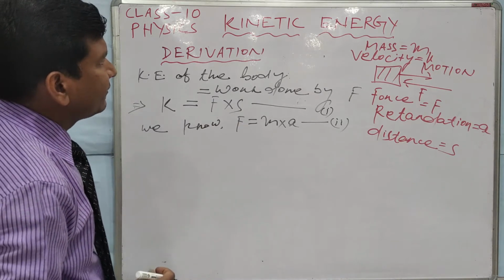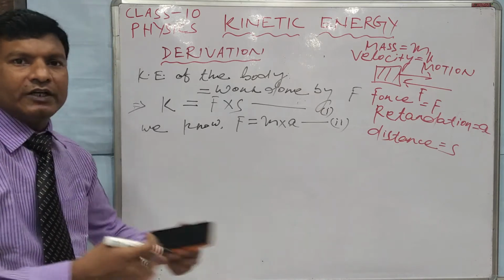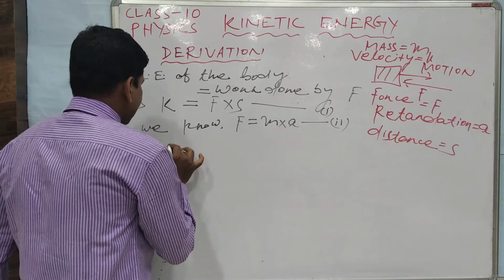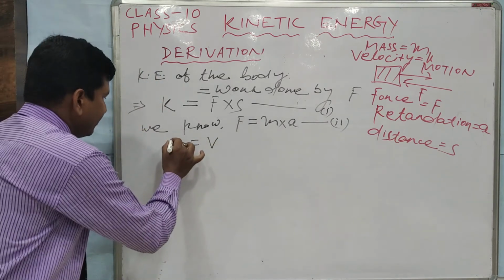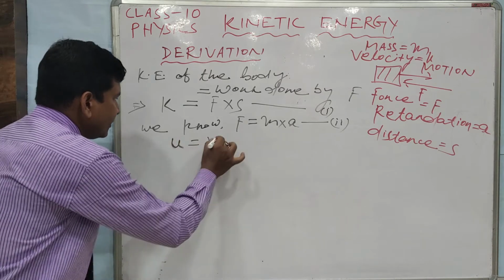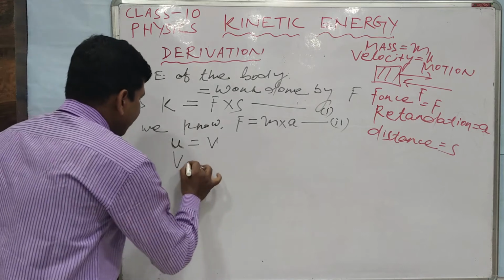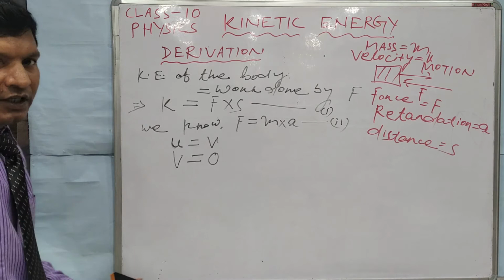Here what is given? The initial velocity of the body is given as v, because the body is moving with a velocity of v. I have told you before. So the initial velocity of the body u is equal to v. General initial velocity of the body is denoted by the symbol u. So u is equal to v. Now the final velocity of the body v is equal to 0, because the body is coming to the rest position.